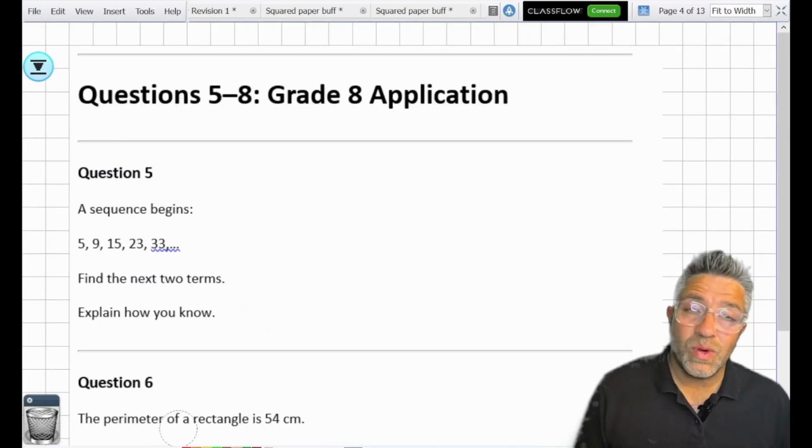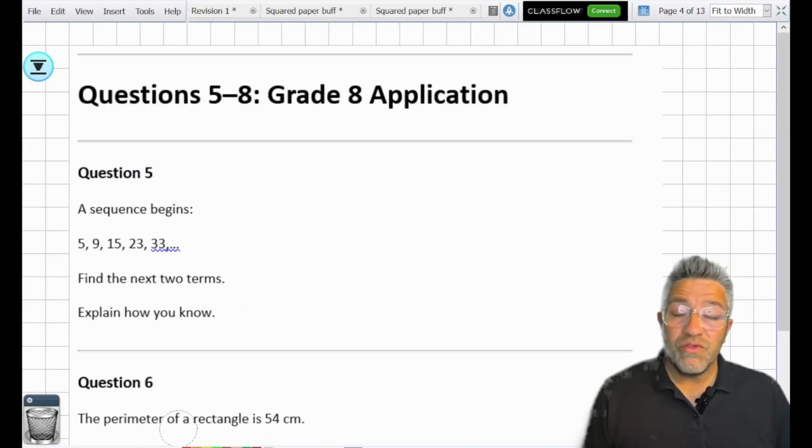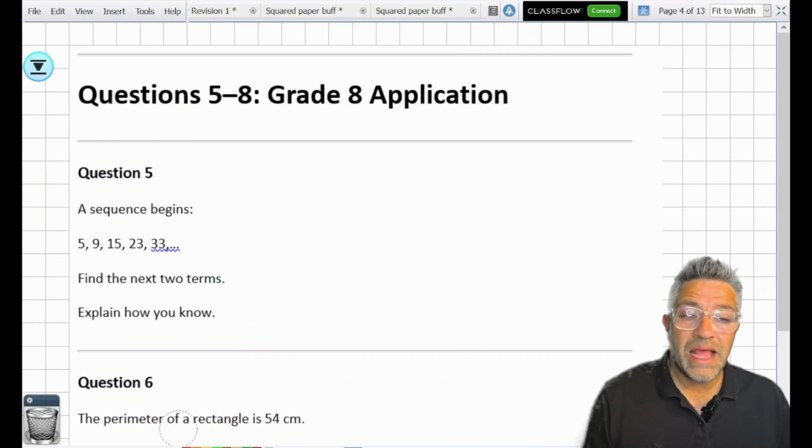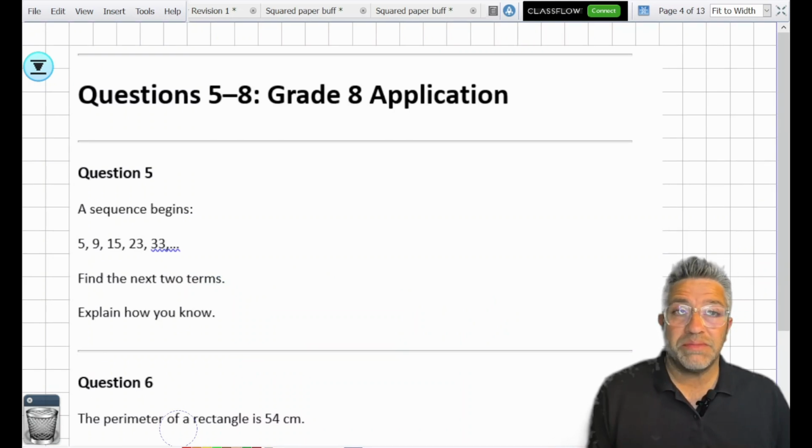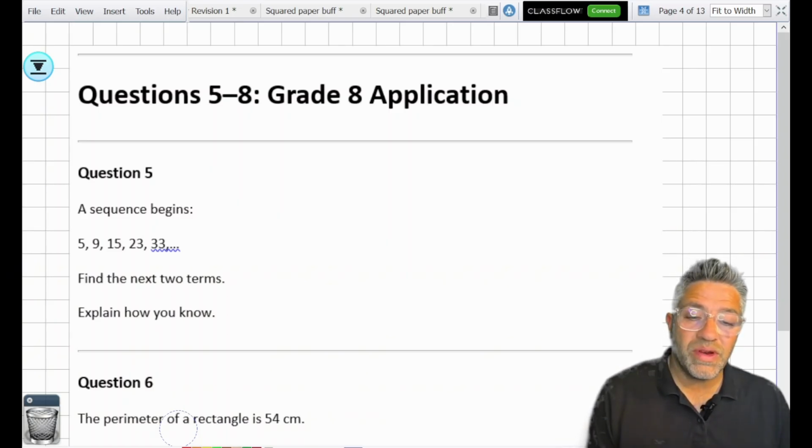Now the next set of questions, we believe, move on from grade 7 and they start to broach the applications you'd expect from pupils if they're achieving a grade 8 or those sorts of topics. So question 5. 5, 9, 15, 23, 33. Find the next two terms in the sequence.